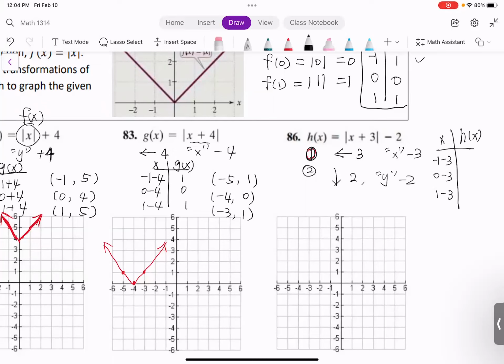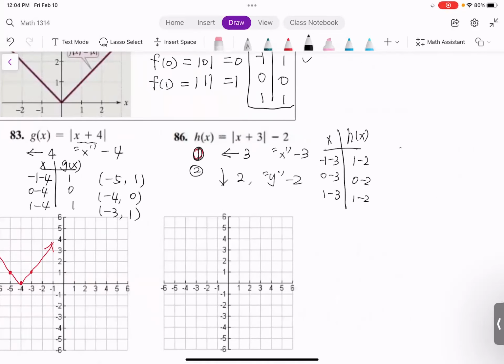So look here, these are the key points. The y, they are subtracted by 2. So 1 minus 2, 0 minus 2, 1 minus 2. And the 3 key points are -4, -1, -3, -2, -2, -1.